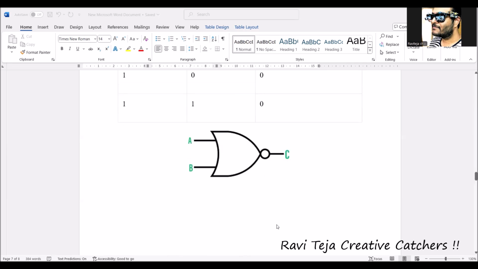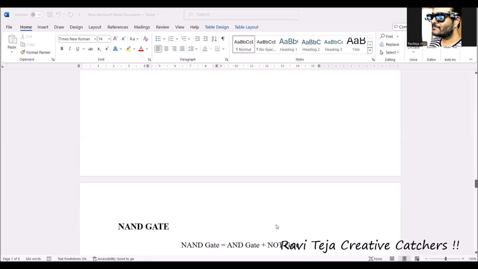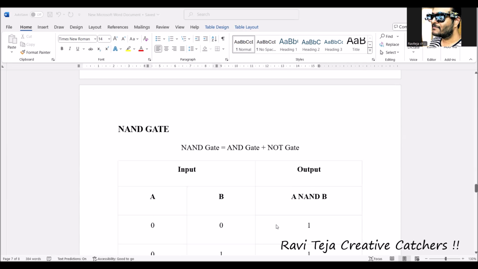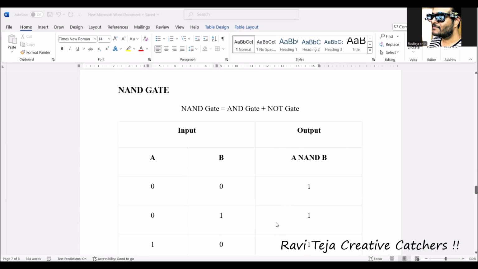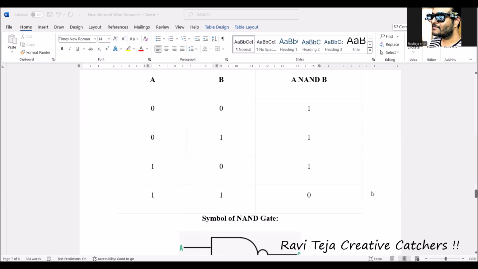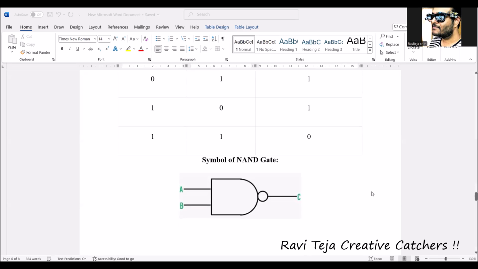Now let's see another universal logic gate. This is the NAND gate. In most mathematical expressions, for solving them, we will be using these NAND gates. The NAND gate is a combination of AND gate plus NOT gate. This is the symbol of a NAND gate, where it has two inputs and one output.